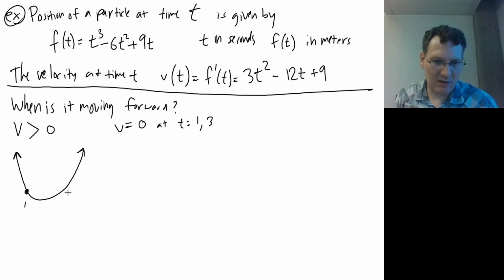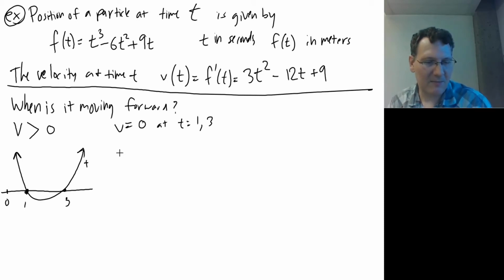It's intersecting at 1 and 3, so 0 is over here. When the velocity is positive, that means this thing is moving forward. And so it's moving forward from 0 to 1 and from 3 to infinity.